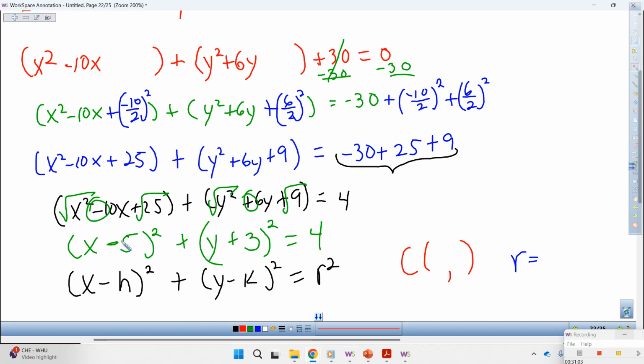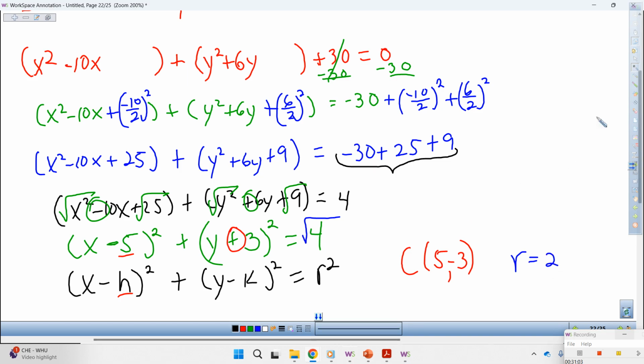What is my h, everyone? 5, yes? What is my k? Hold on, before we leave. What is my k? Negative 3. And what is my r? Well, this is 4, but that's r squared. How do I find r? Square root, so my radius is 2.